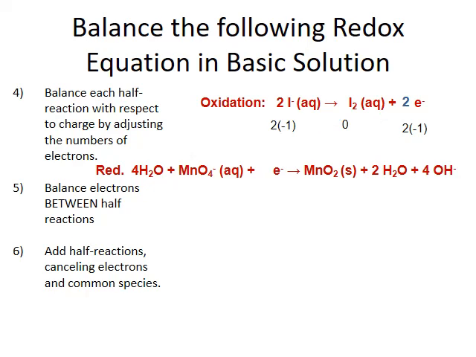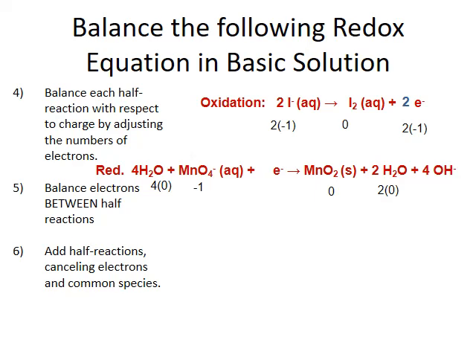Now for the reduction half reaction, the water molecules are neutral overall, so we have 4 times 0. We'll simplify the charges on permanganate at this stage by just taking the total charge on the polyatomic, which is -1. I'm going to leave the electrons till the very end, since this is the only thing I can adjust in order to do the charge balance. We'll move over to the product charges. And since manganese dioxide and water are both neutral molecules, we'll assign each a total charge of 0.